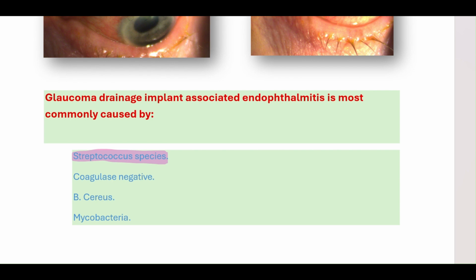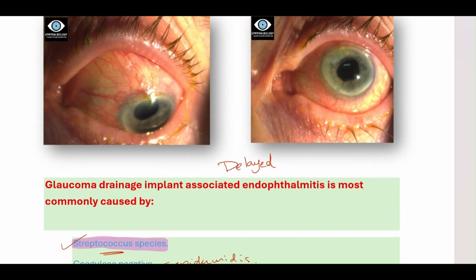And the only difference is in the previous question on blebitis endophthalmitis, during the initial 28 days from the procedure, coagulase negative staph epidermidis was the commonest cause. But because glaucoma drainage implant associated endophthalmitis is usually delayed, the answer is Streptococcus species.